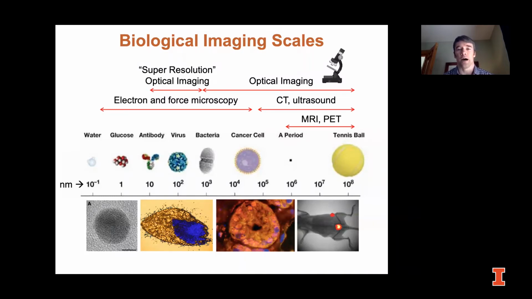At the same time, optical imaging can't provide everything. There are many contexts in which we need to resolve objects in thick tissues, in living subjects, and without any sort of interference due to potential toxic effects. And of course, we know that X-ray, ultrasound, MRI, PET, and SPECT are all great tools, especially for clinical imaging and imaging in animals.